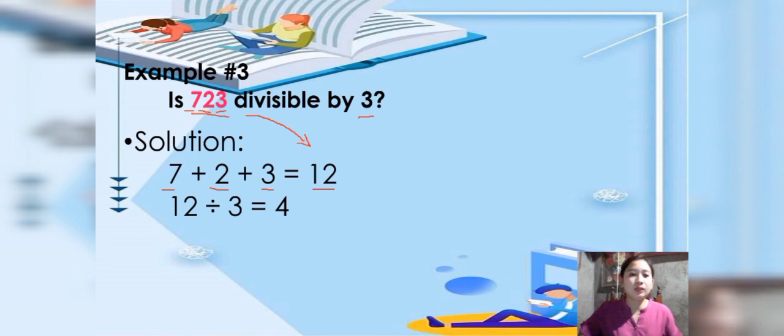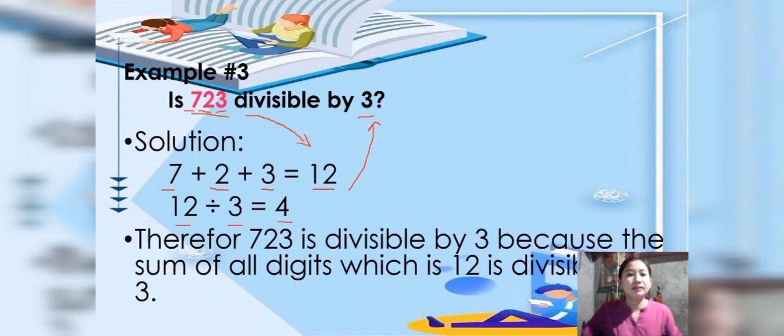So now let's find out whether 12 is divisible by 3. 12 divided by 3, the quotient is 4. Therefore, 723 is divisible by 3 because the sum of all digits, which is 12, is divisible by 3.